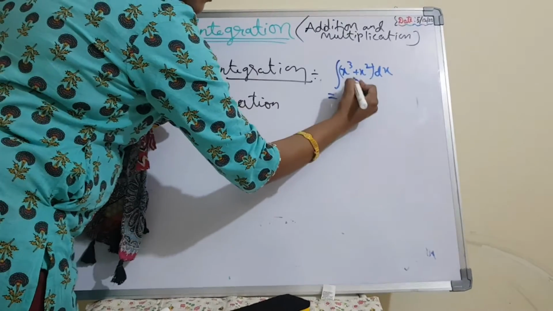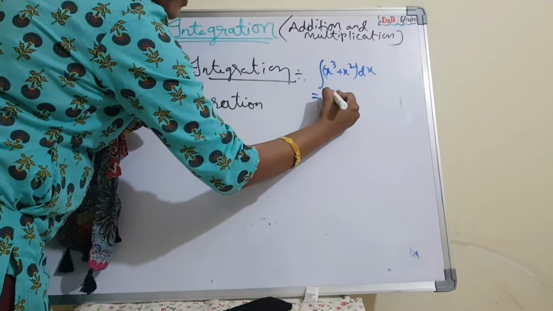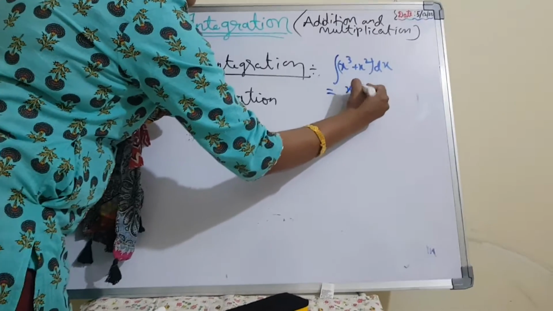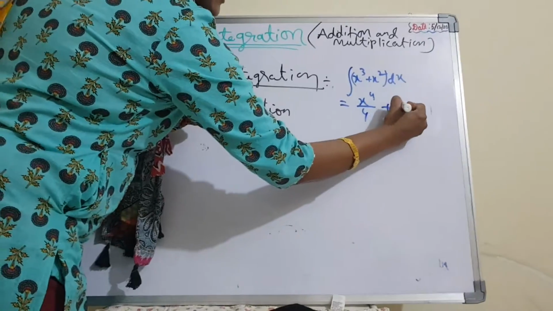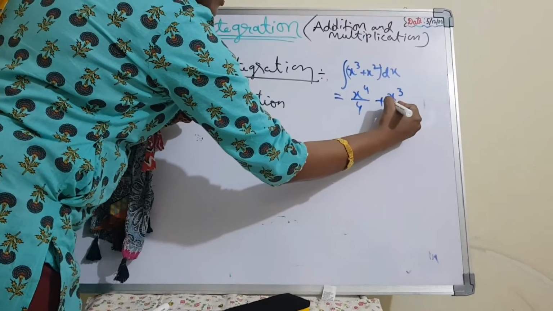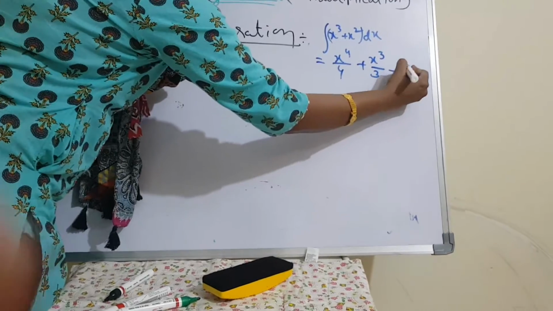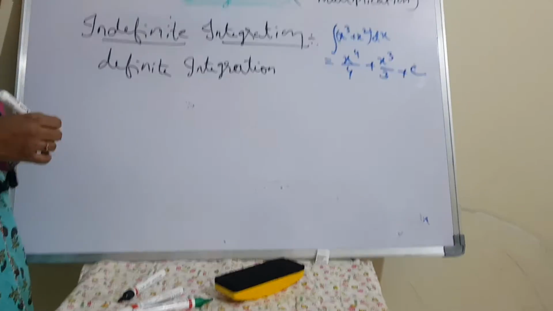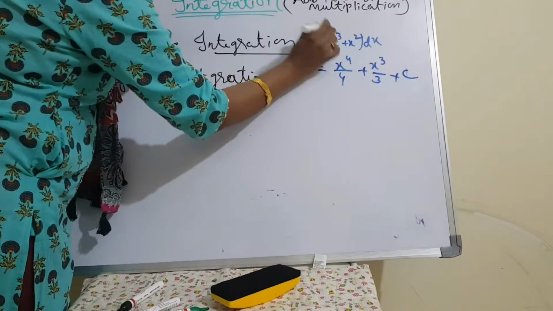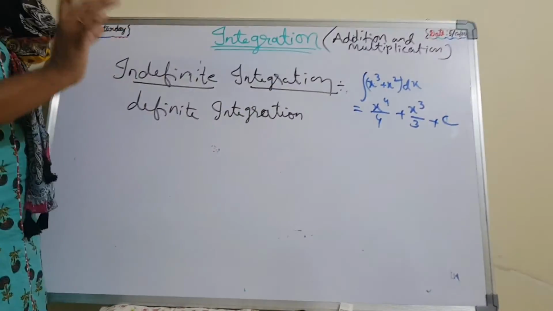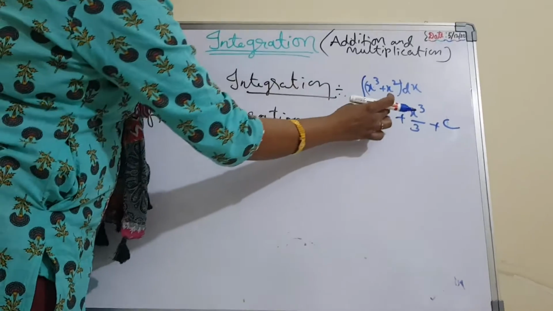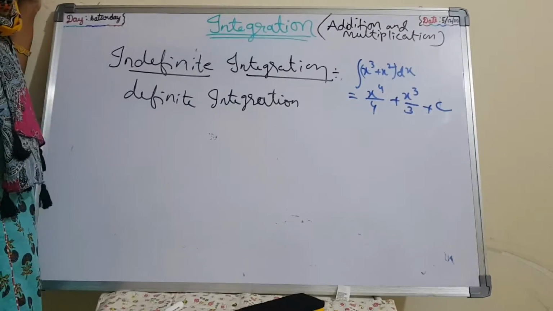Means we can write the integration of x cube: x power 4 by 4 plus x cube by 3 plus c. There is no upper limit and lower limit. They didn't give x values, and there is also a constant term.